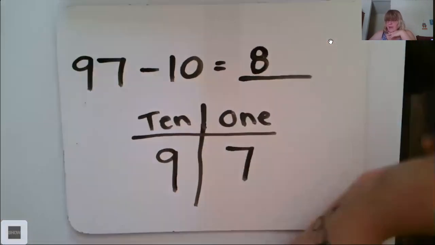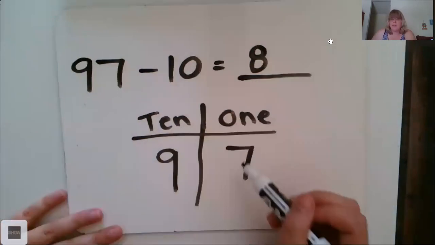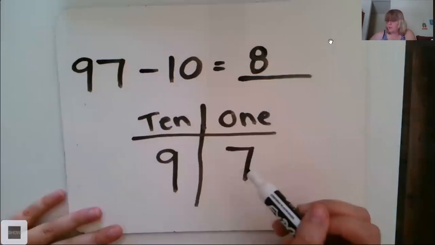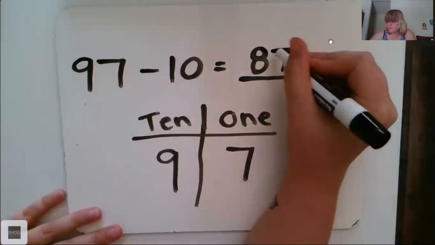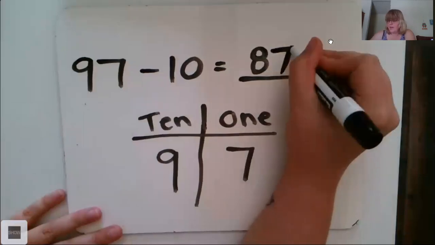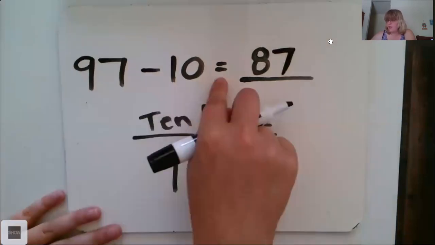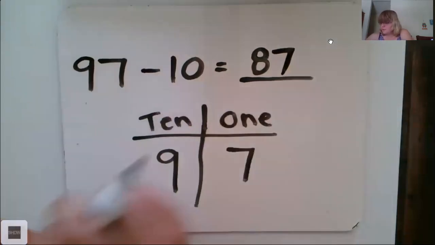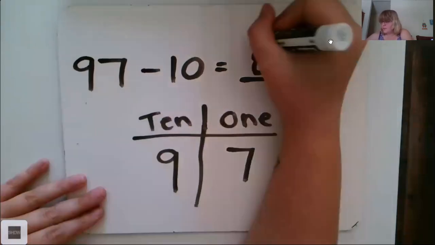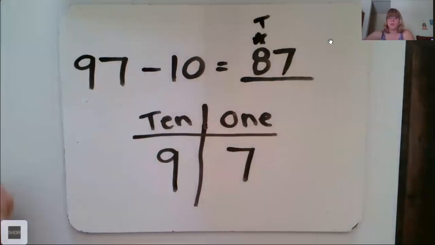Because I don't have anything in my ones place that I'm subtracting, the 7 gets to be left alone. He's going to stay exactly where he is. So my 97, when I subtracted 10, goes down to 87. And again, the tens place is the only number that is changing in these problems.